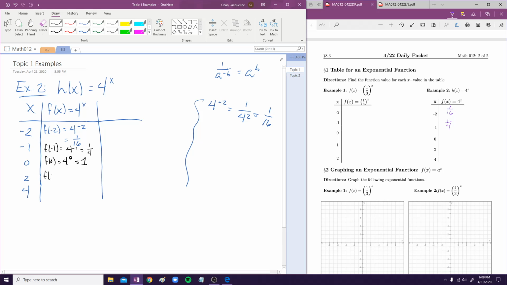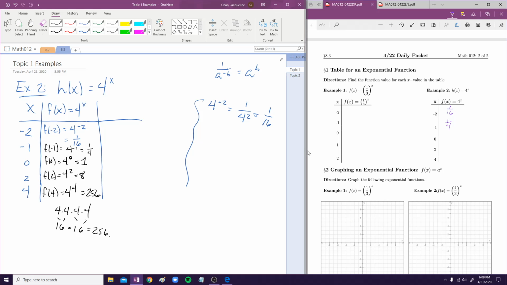F of 2 is 4 squared, which is 16. And lastly, f of 4 is 4 to the 4th, which is 256. So 4 times 4 is 16, and then 16 squared. These are perfect squares. That's how I know it's 256.